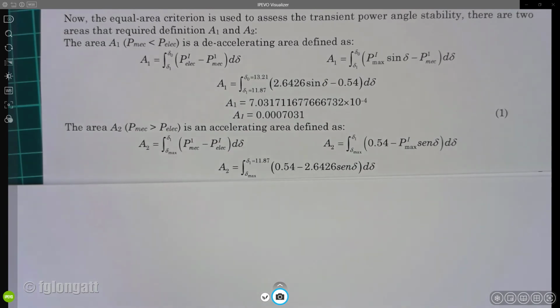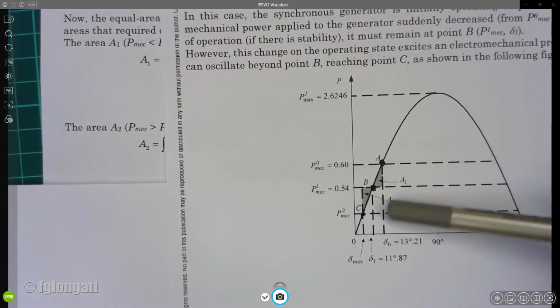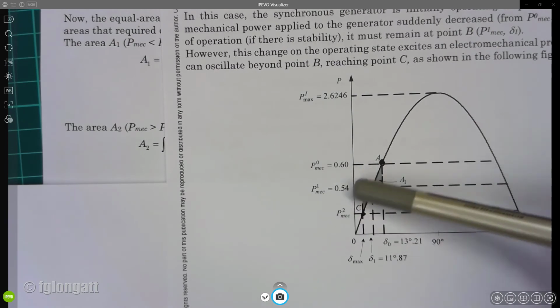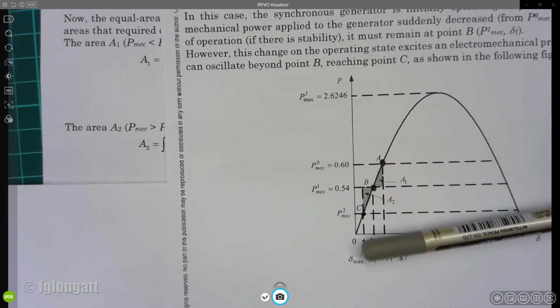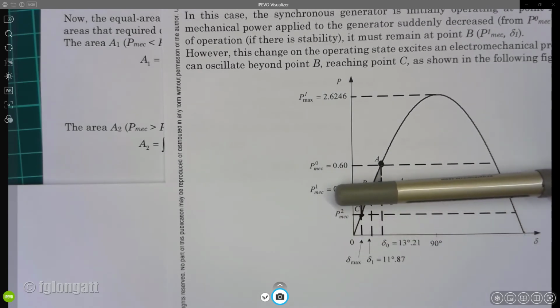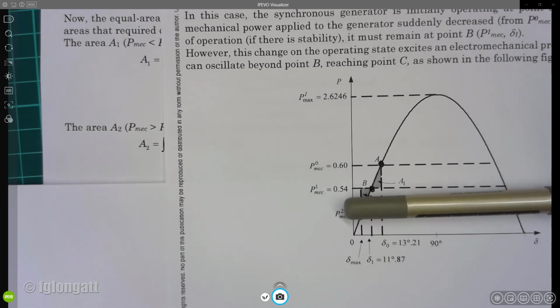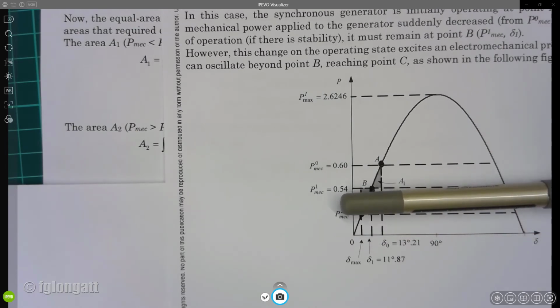0.00070. But the other area is probably the more interesting one, because this area is the unknown area; the mechanical power is what we want to know. If you move down, you increase the area, but if you move up, you decrease the area.